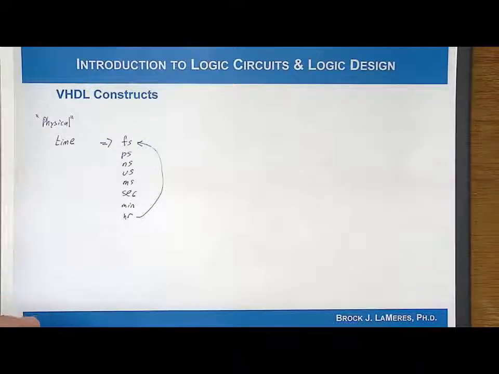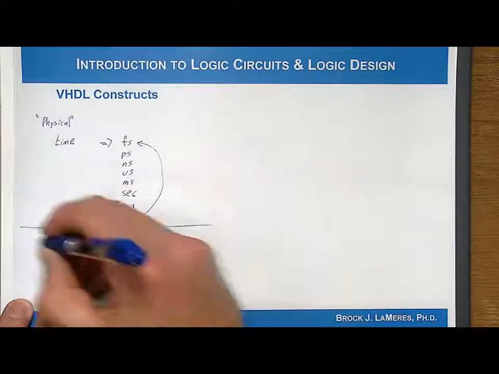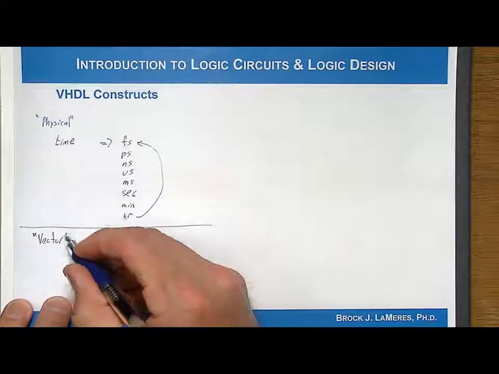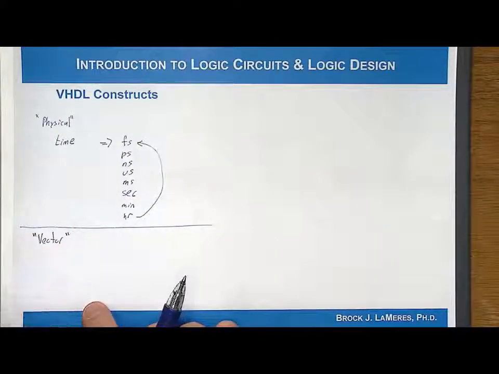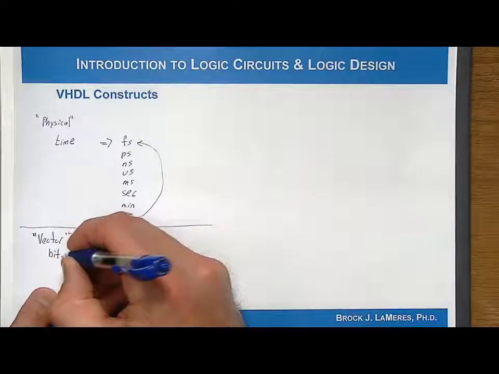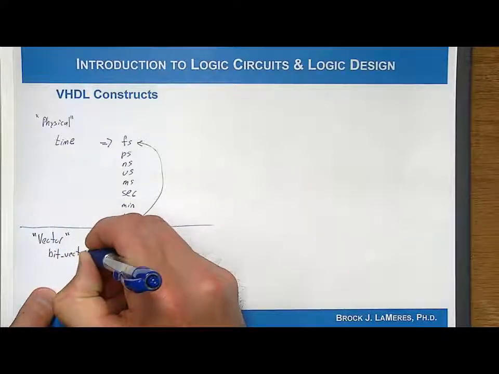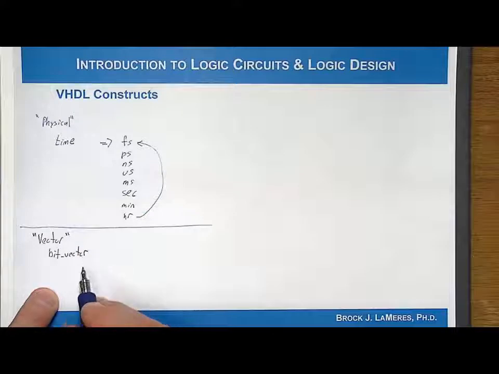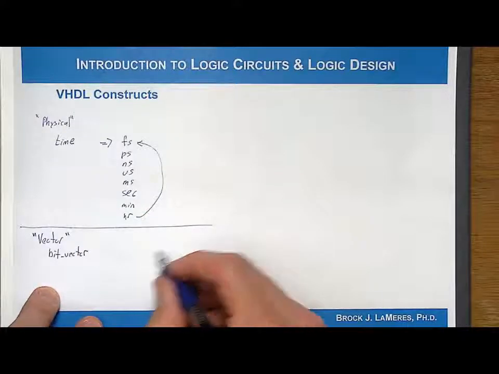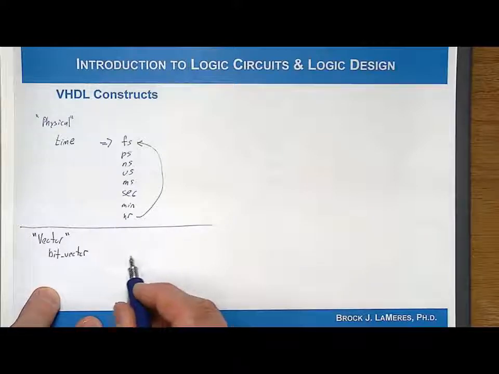Okay, then another very popular one is a vector type, and a vector type is a set of scalars where you define the vector to have a bunch of scalars that are all the same type. So bit underscore vector is a data type, and it is a linear array of type bits. Okay, so if I had an 8-bit vector, I would have 8 bit scalars.